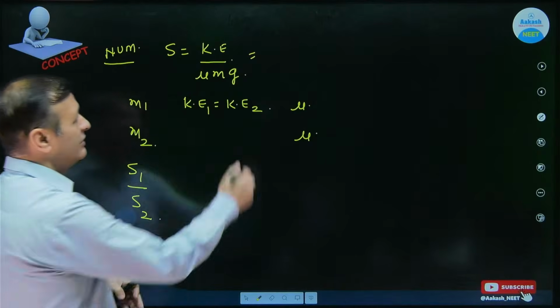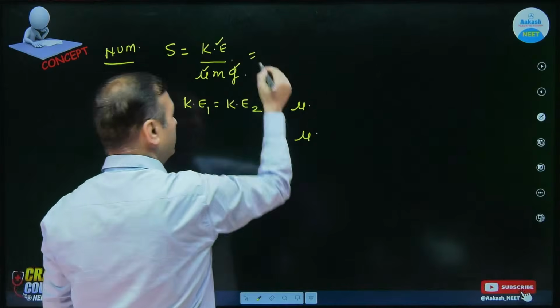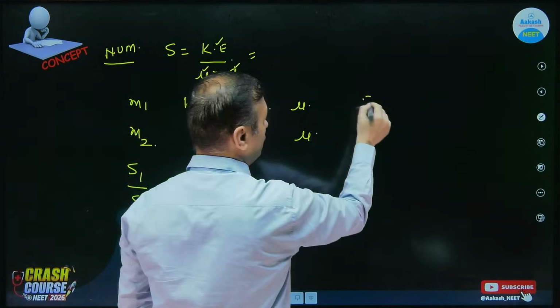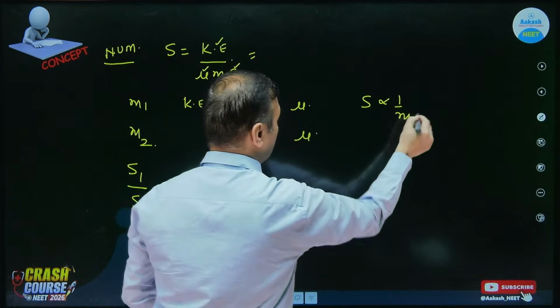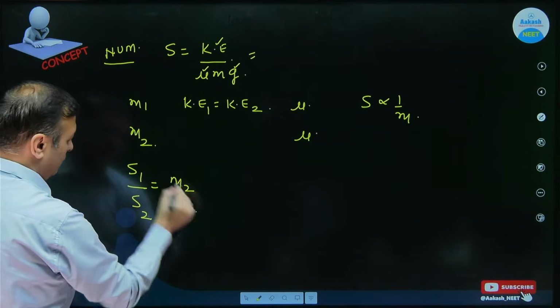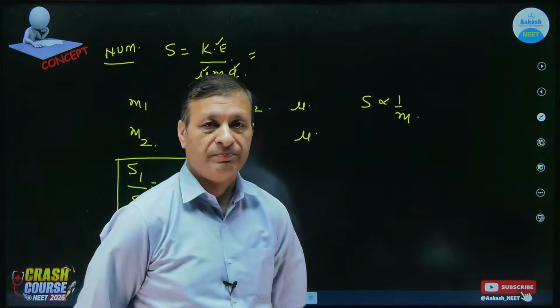As you can see, kinetic energy is same, mu is same, g is also same. So stopping distance in this situation is inversely proportional to its mass. So S1 by S2 is simply M2 by M1.